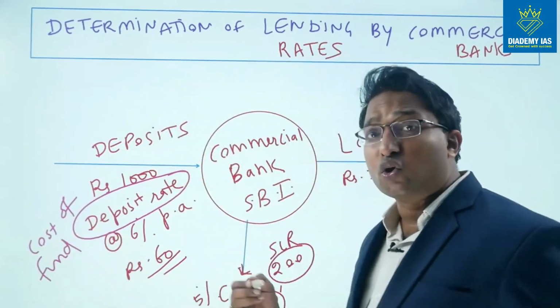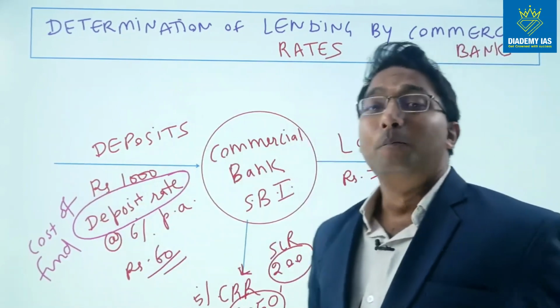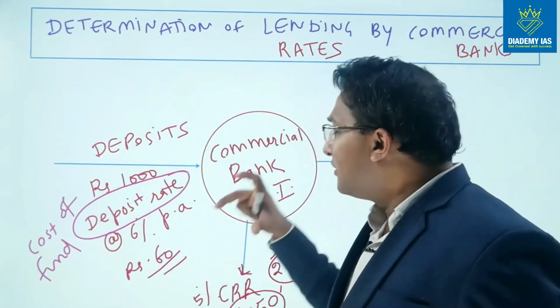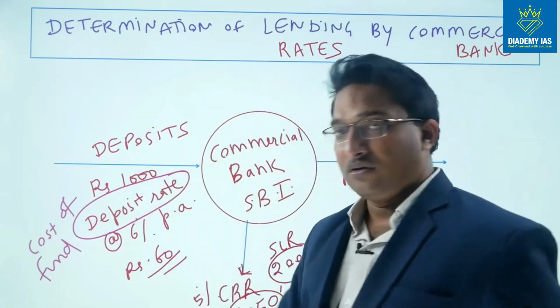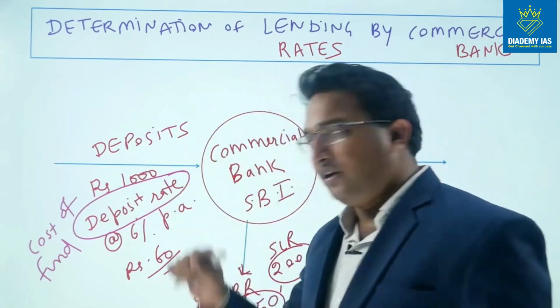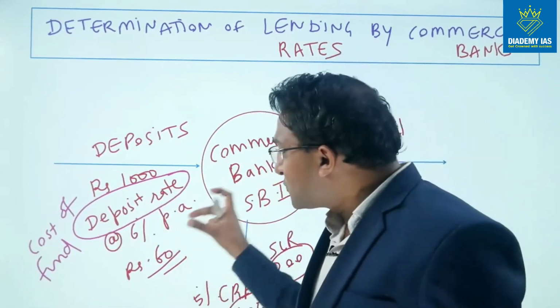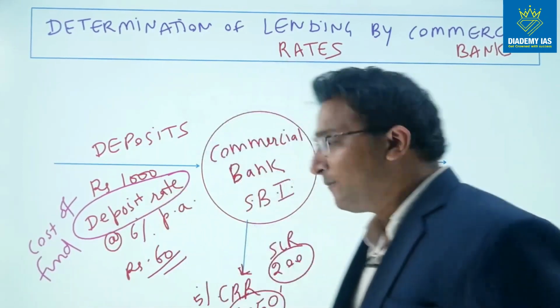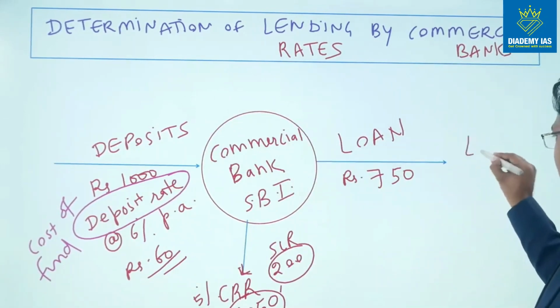Why is this called cost of fund? Because this deposit is providing funding to the bank, and on this funding the bank is paying rupees 60. So this 60 rupees is the cost of fund, or this 6% per annum is the cost of fund.